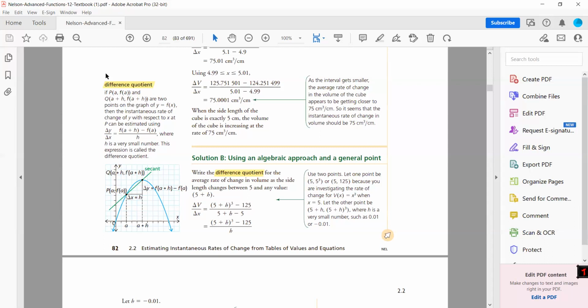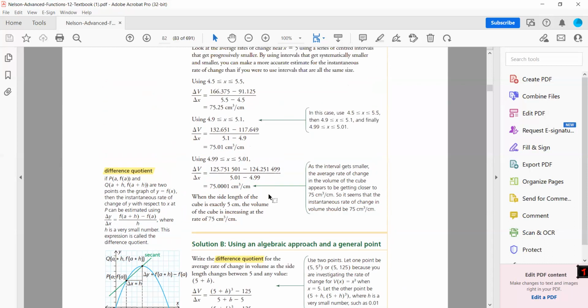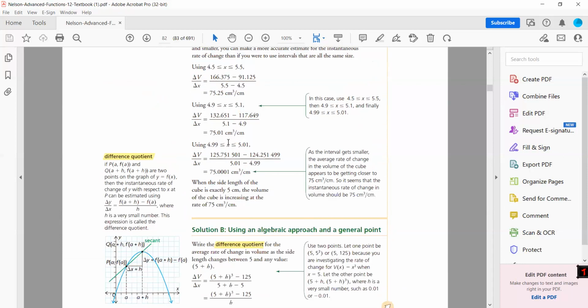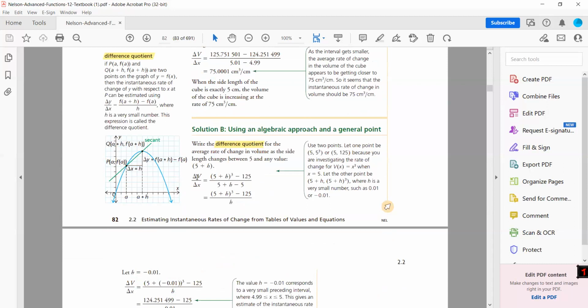First of all, we write the difference quotient for the average rate of change in volume as the side length changes between 5 and any value, 5 plus h. We can see that the function is x cubed. So this is x2, this is x1, 5 plus h to the third power minus 5 to the third power.